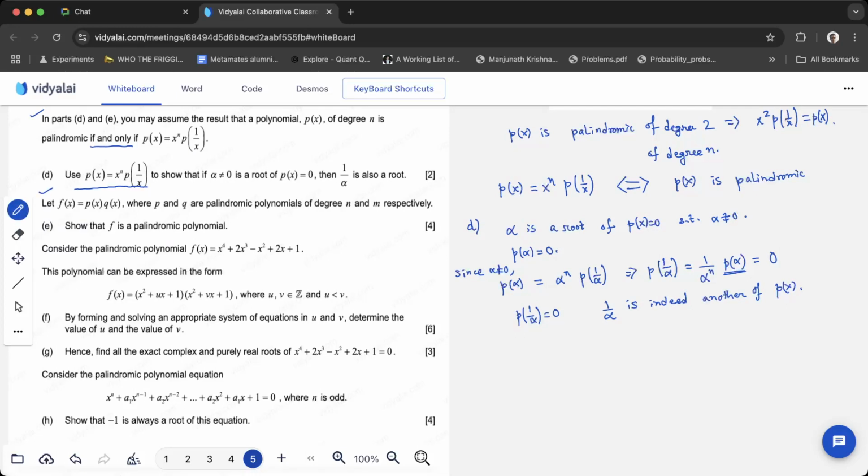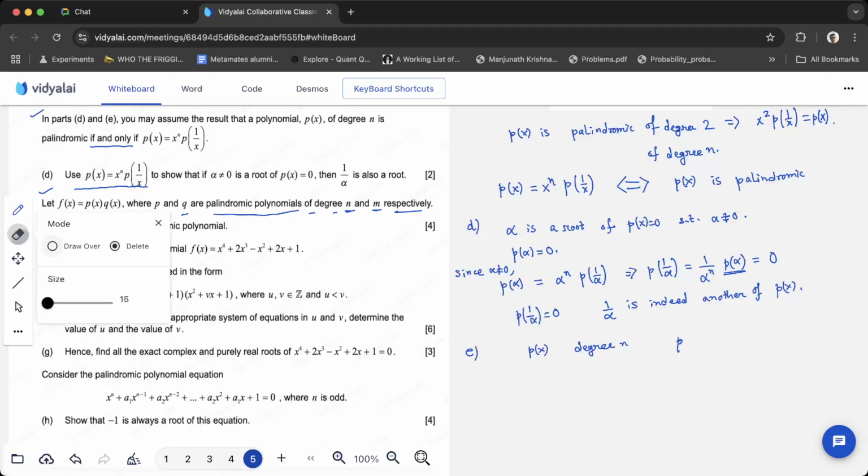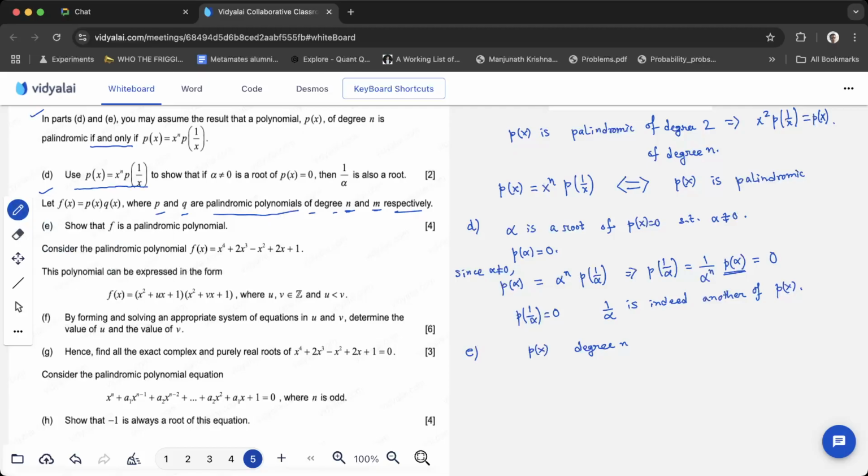Next part: let f of x equal p of x times q of x. So p of x is a polynomial, q of x is a polynomial, and in fact, both of them are palindromic polynomials of degree n and m respectively. So p of x has degree n and q of x has degree m.